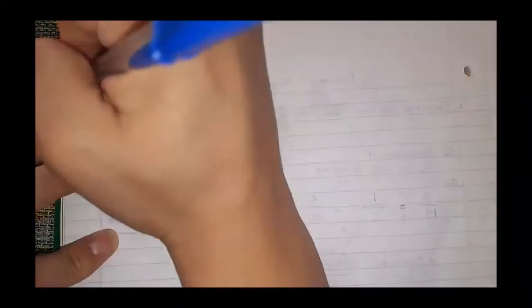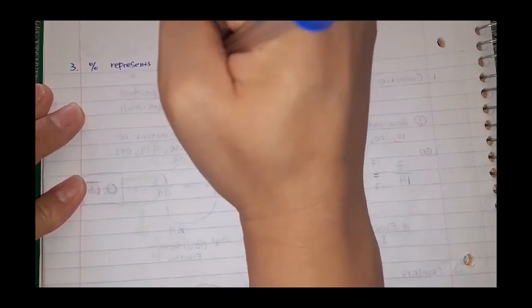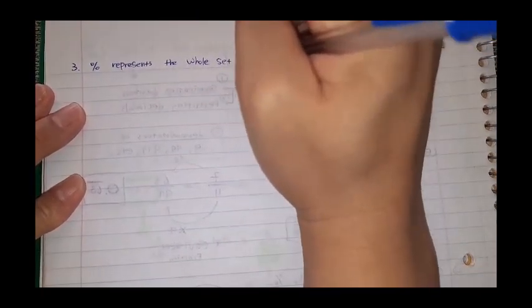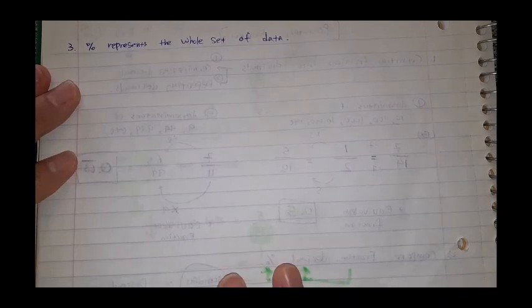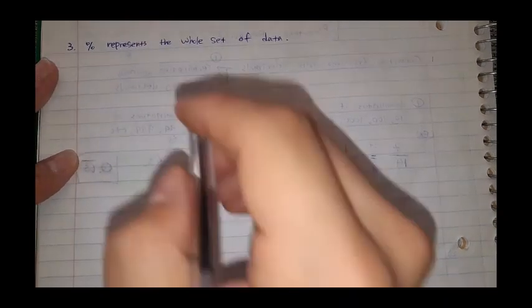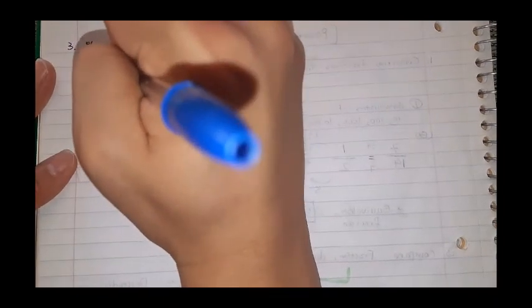Now next, number 3. We also learned how percentage can represent the whole set of data. And there are two things that we did. But the best way that you can think of is always, when it comes to percentage, you start with the fraction.